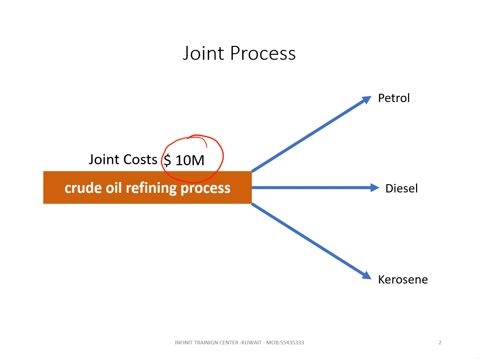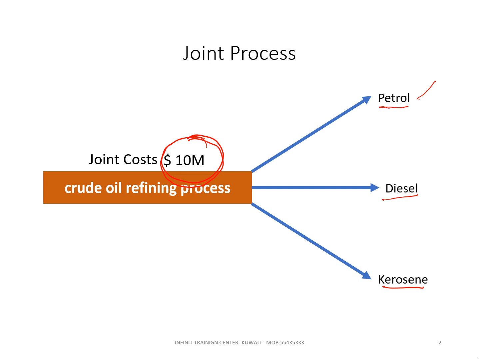Now, to set the price of petrol, we need to know how much we spent on it. What was our cost? So this 10 million, whatever we spent jointly for making crude oil, needs to be allocated to petrol, diesel and kerosene. This is what we are going to discuss in this presentation.